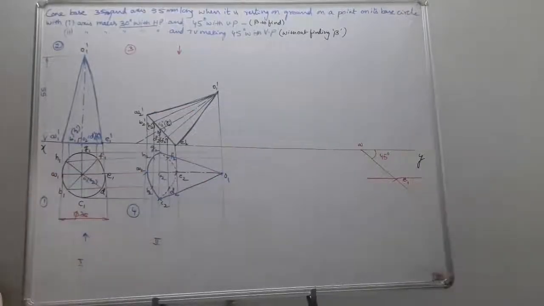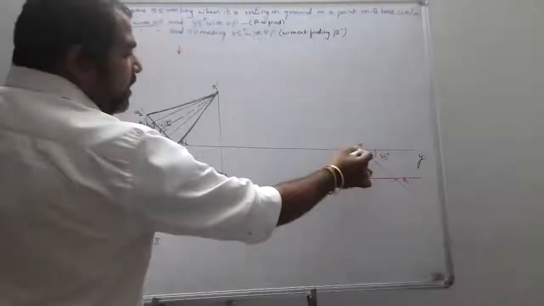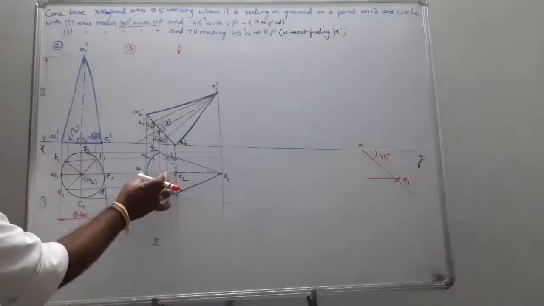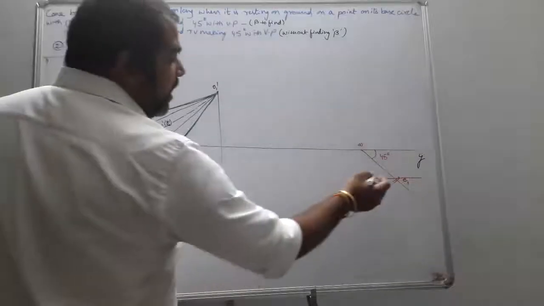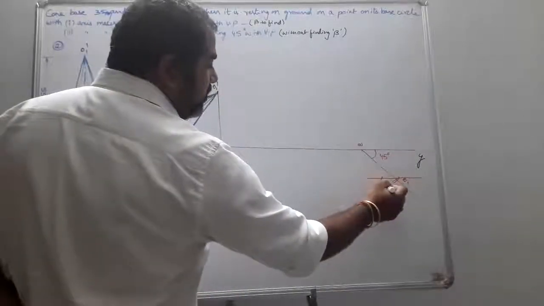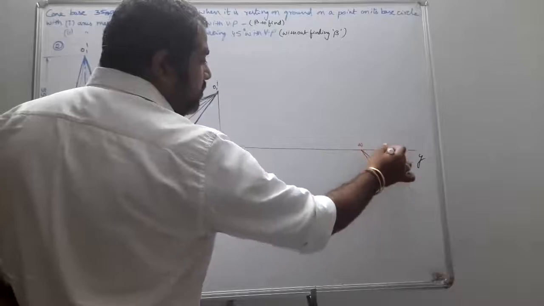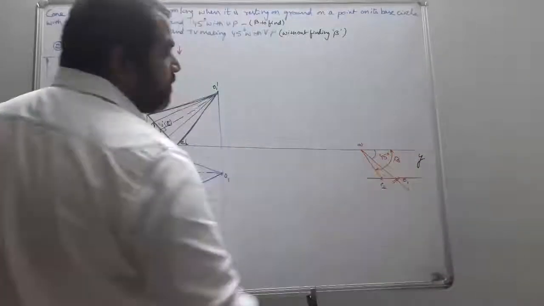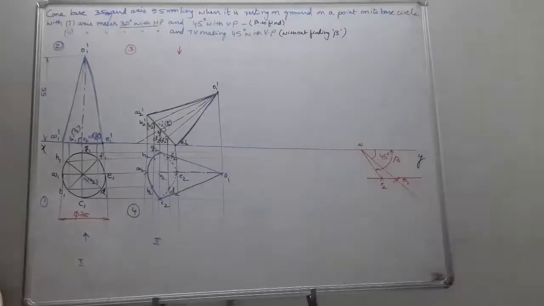Draw a line of 45 degrees, and with A as center and 50 as radius, draw an arc. Next, take the reduced diameter, that is A2 E2, and draw an arc. So this becomes your E2. Join A with E2. The inclination with horizontal becomes beta.